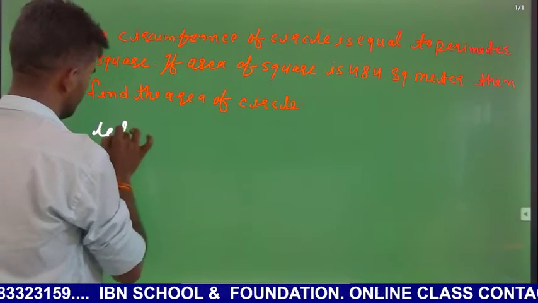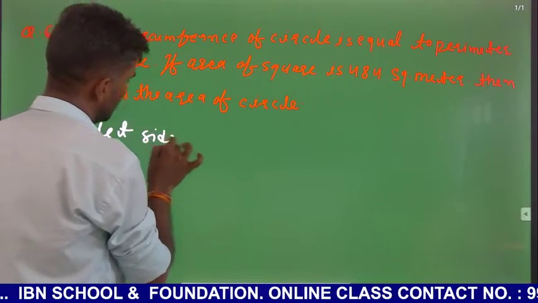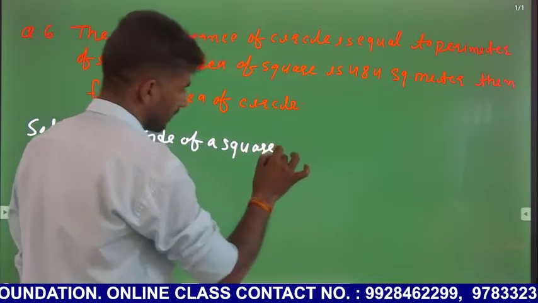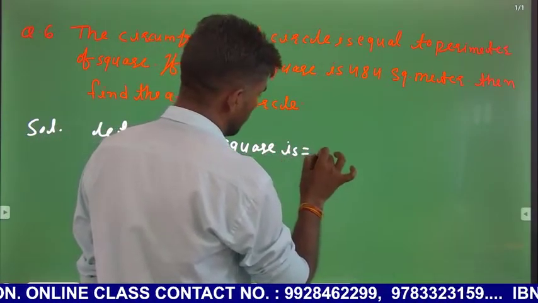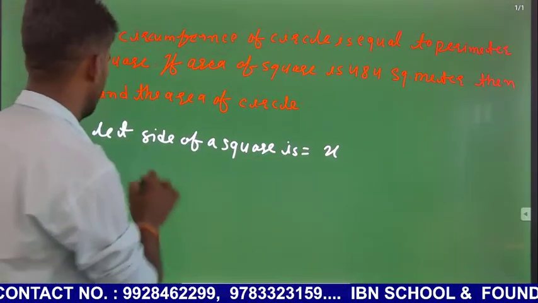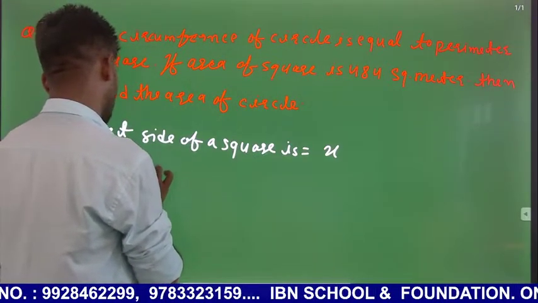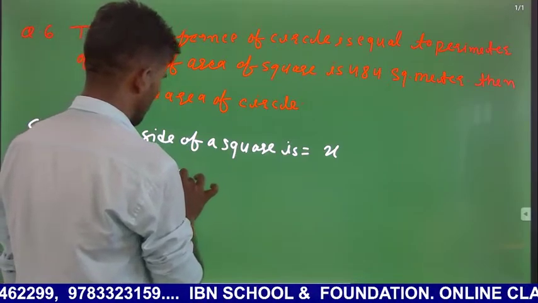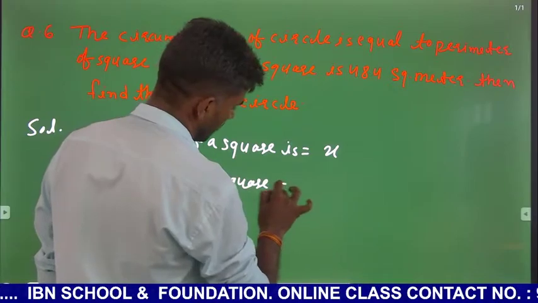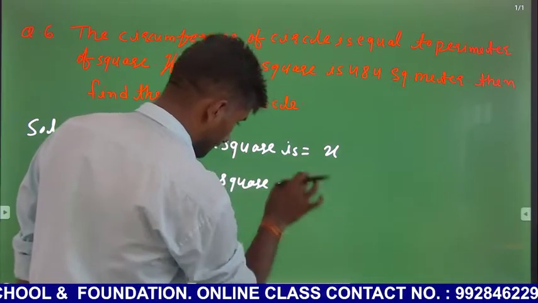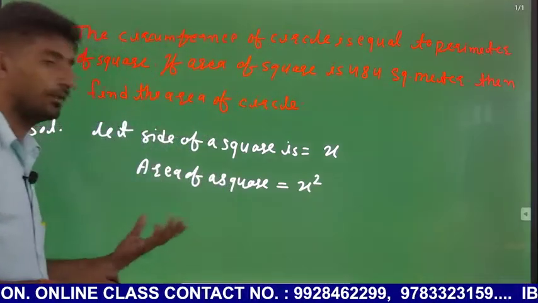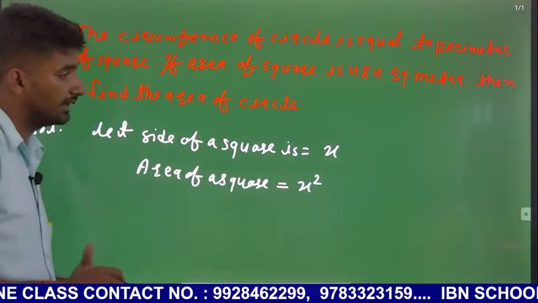Let the side of a square be x and the area of a square be x square, because the area of a square is side multiplied by side.